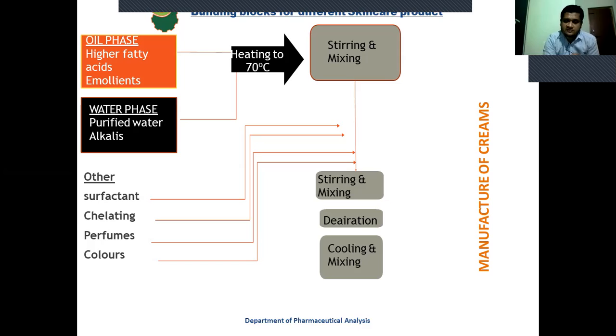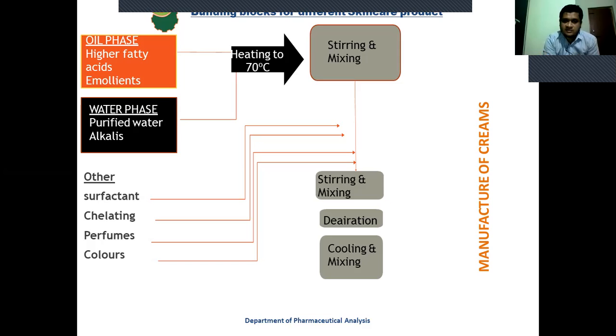And in the water phase, definitely water will be there, and alkalis like potassium hydroxide, sodium hydroxide, even humectants. So you have to find out which is your oil phase and which is your water phase.